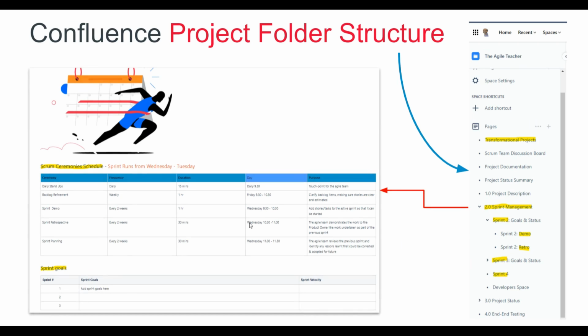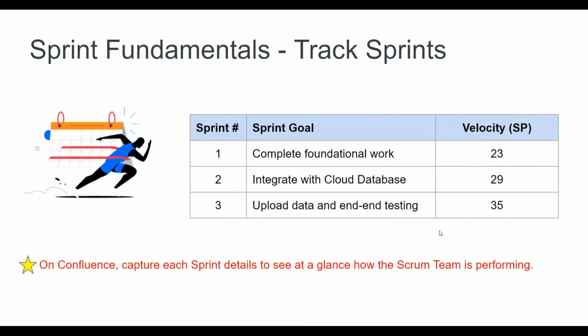And you will add all the Scrum events information under sprint management. So if anybody forgets when a particular sprint planning or backlog refinement takes place, or what time, they'll be able to click on this sprint management page and get that information at any given time. Some of the things that I track, and it's very useful, is for every sprint you want to track what was the goal of that sprint and then what was the velocity.